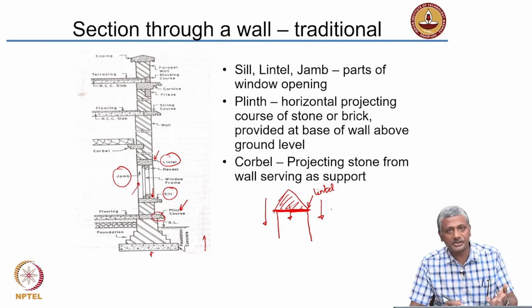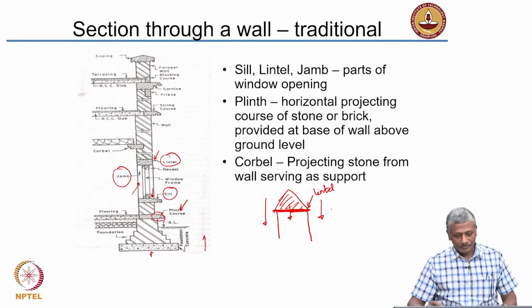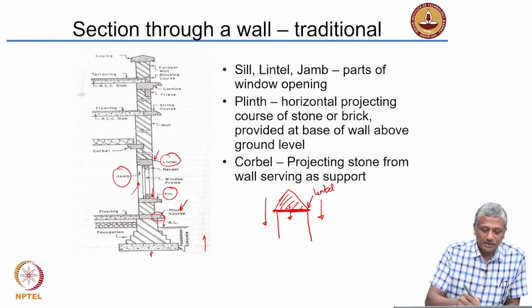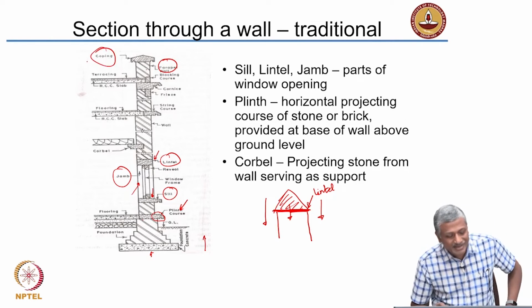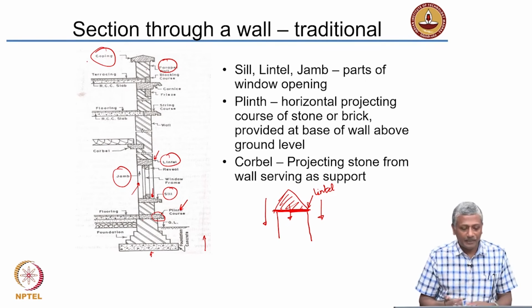In most modern construction with masonry, we will make lintels with reinforced concrete. So, here this is a stone lintel. And you also see that the structure goes all the way to the top. This is a parapet wall on the terrace, and then you have the covering on the parapet wall, which is otherwise called coping. So, this is an example of a traditional house which actually mixes different materials together.